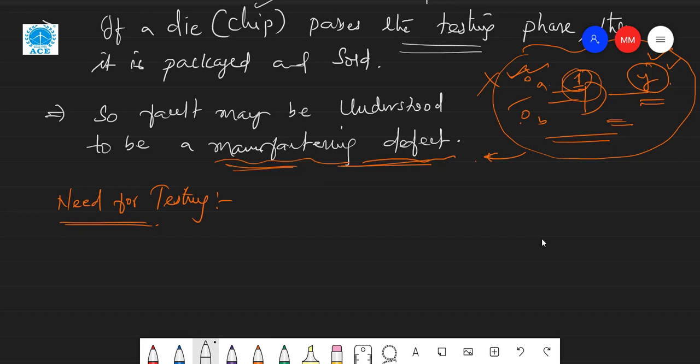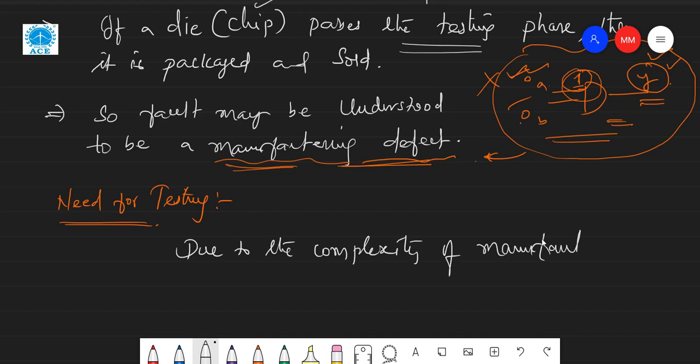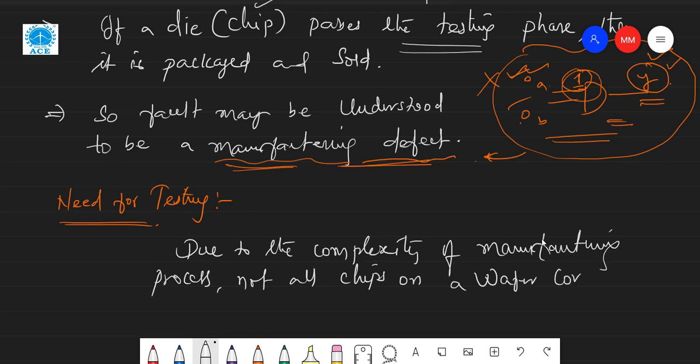So simply I can say that due to the complexity of the manufacturing process, not all chips on a wafer operate correctly.